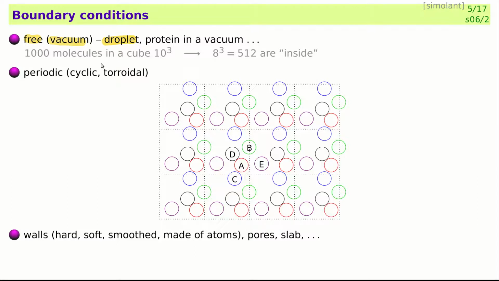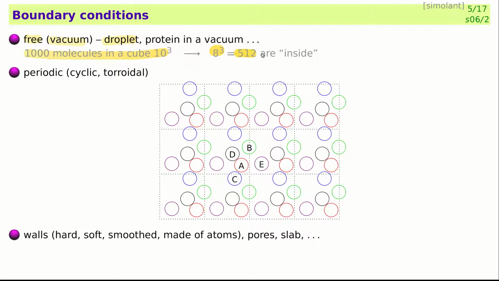Then we often use the periodic boundary conditions. And why these conditions? Imagine that we have 1000 molecules in a cubic system. Then if we take off just one layer at each side of such a cube, we get that inside there are only 500 molecules.